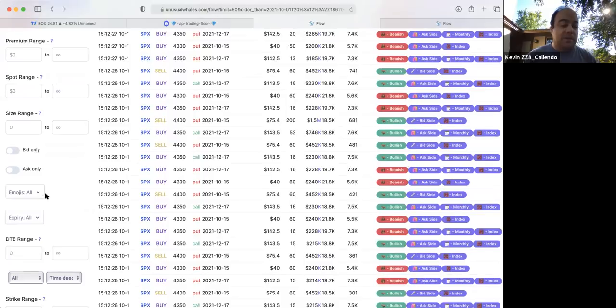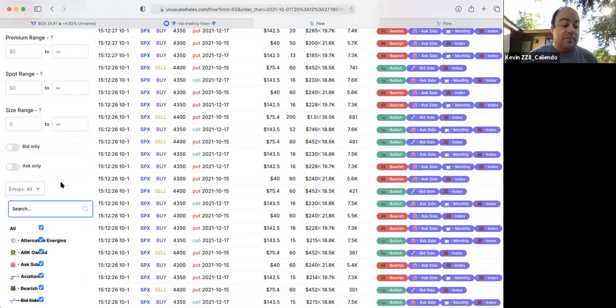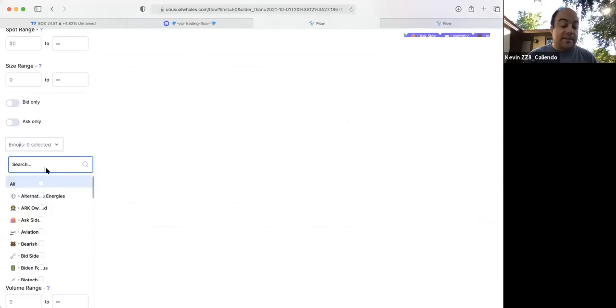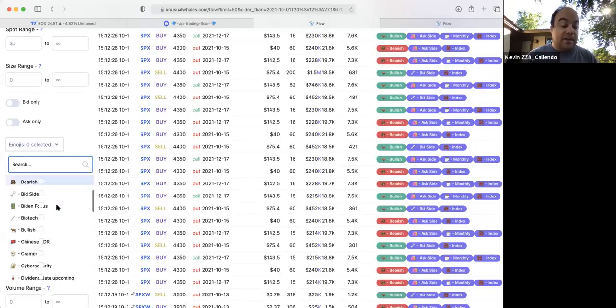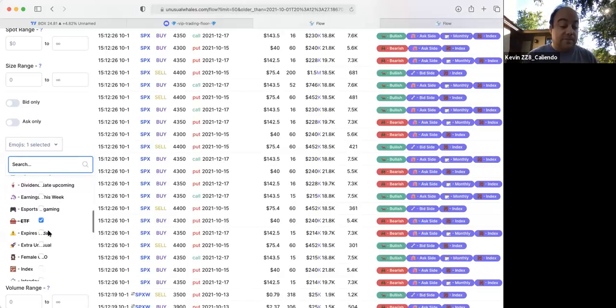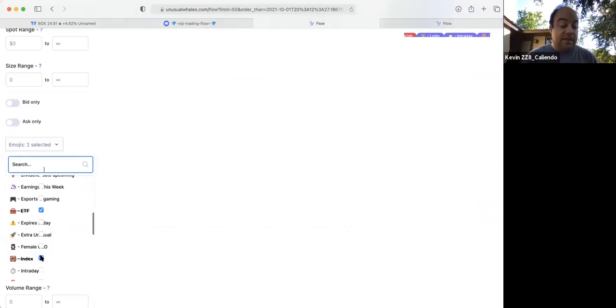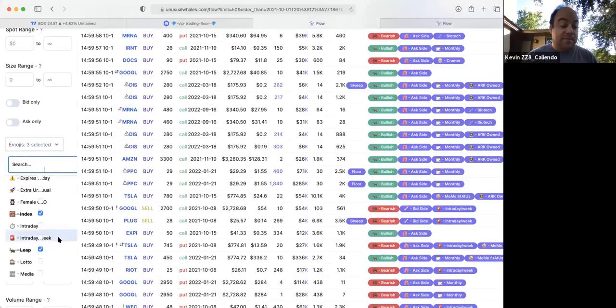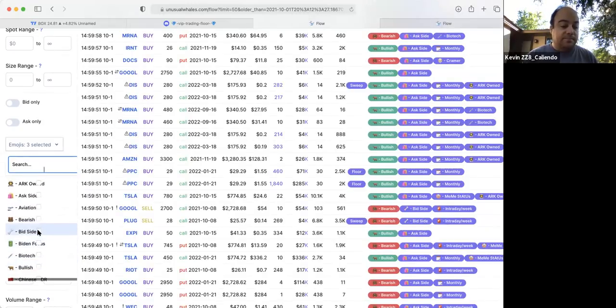Okay, so the first thing I do is I go into emojis, and you can see that all of them are selected here. So I unselect them, and I'm going to cancel out just a few of them: ETF, index, leap, and also bid side.